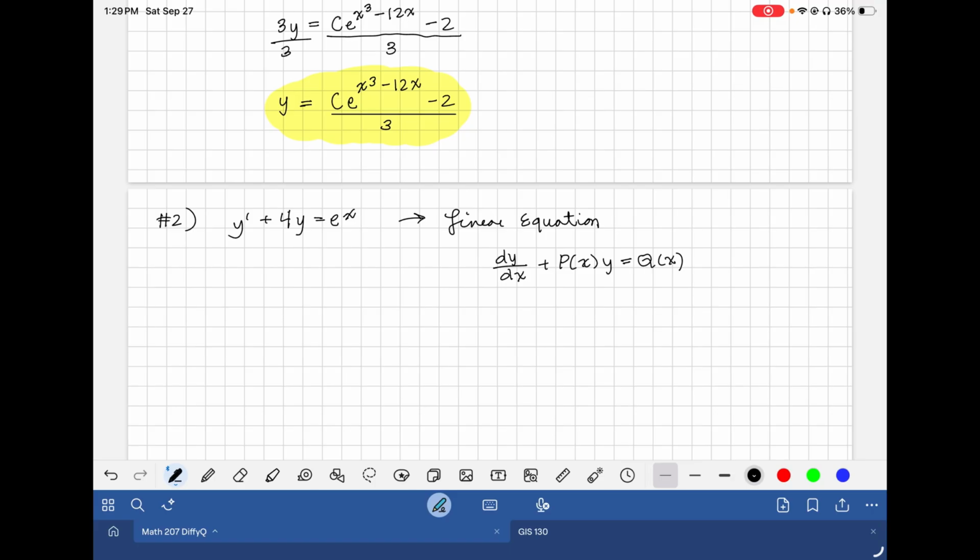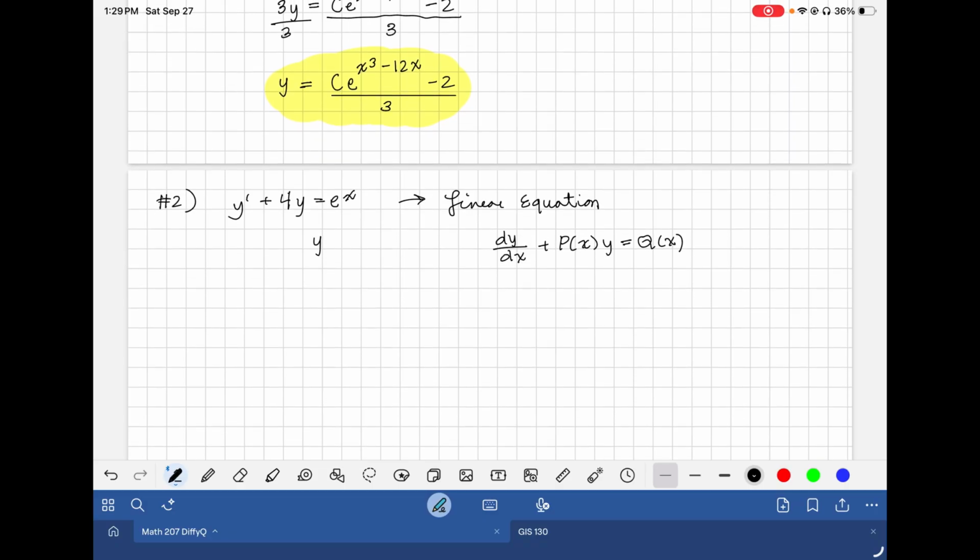And then we also have the initial value of y of 0 equals 4/3, so essentially the point (0, 4/3).